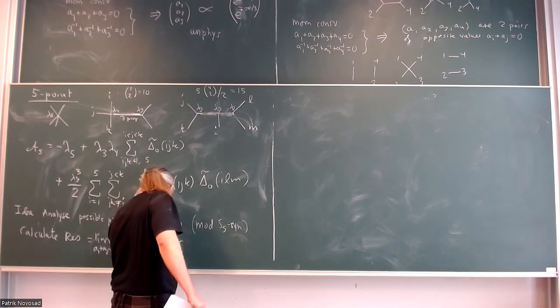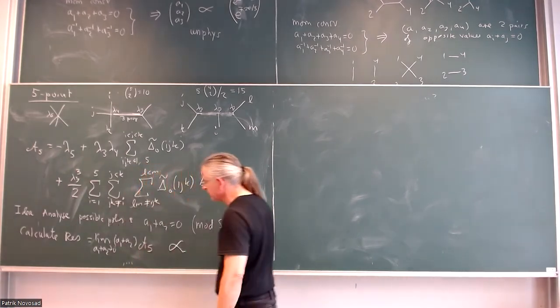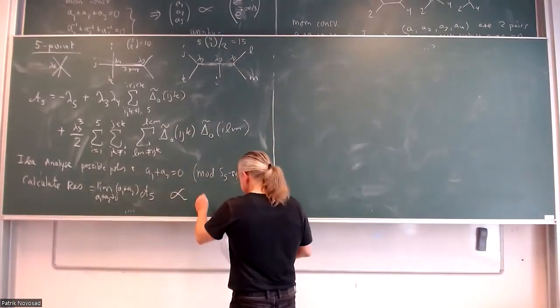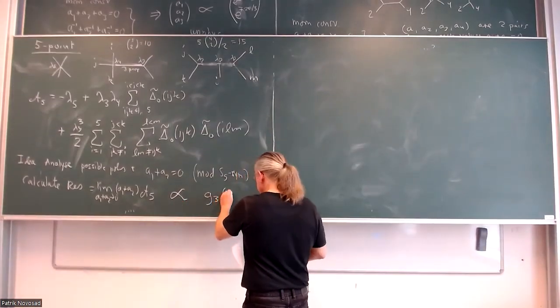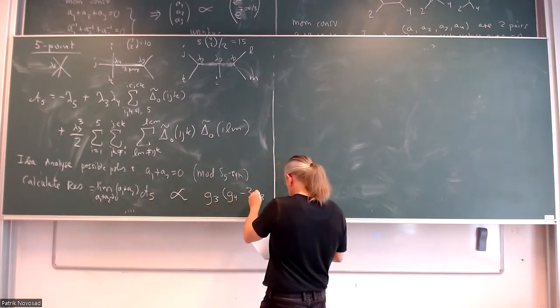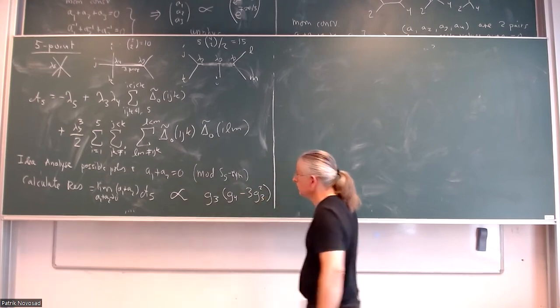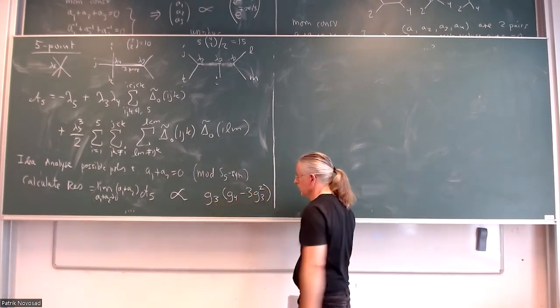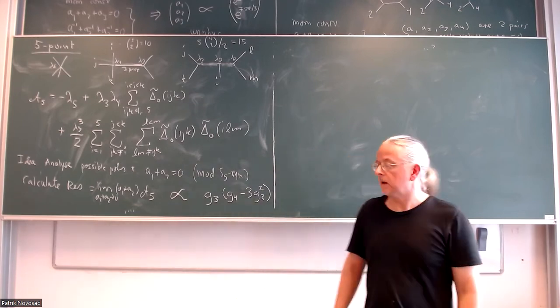It turns out that the result of all the 26 diagrams, the residue of that, becomes something proportional to G3, G4 minus 3G3 cubed. Here G squared, the cube is 1, is lambda over M squared.